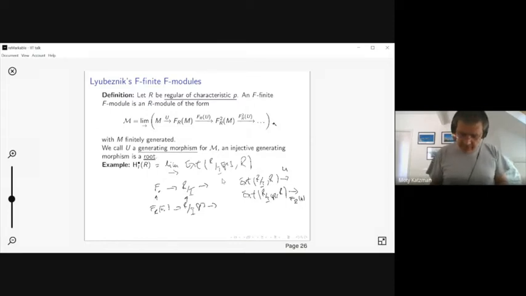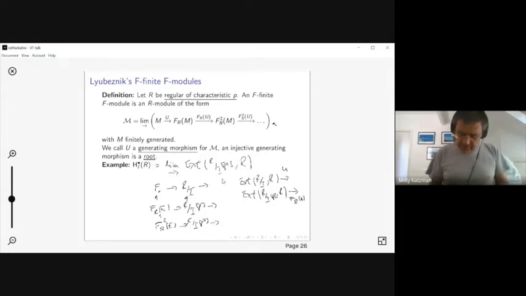Well, now you're going to look at R mod I to the p squared. You look at the quotient map from R mod I to the p squared to R mod I to the p, and that induces a map of the second Frobenius functor of the resolution F to the first Frobenius functor of the resolution F.